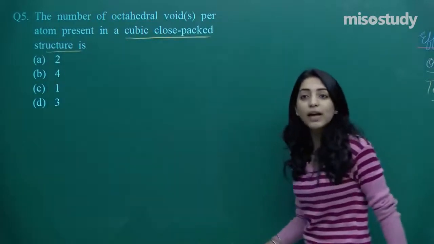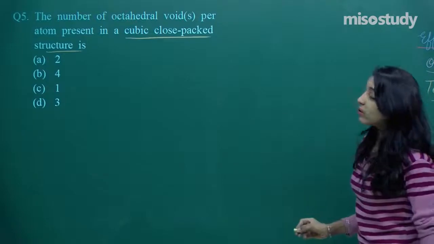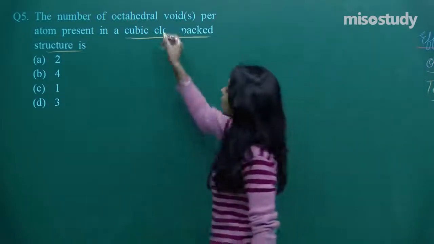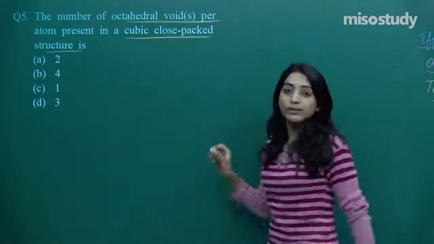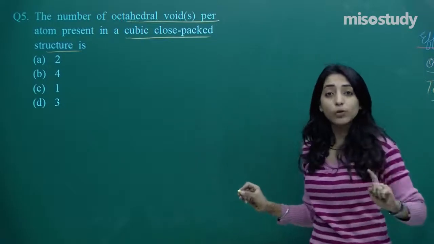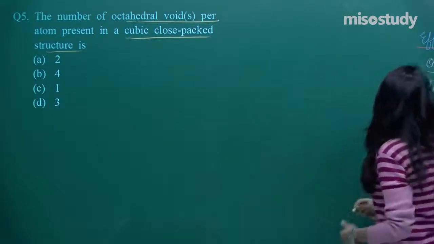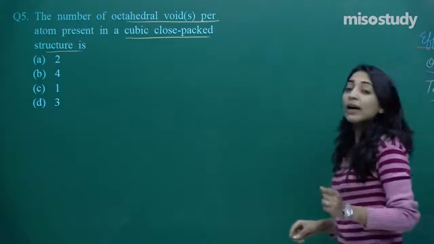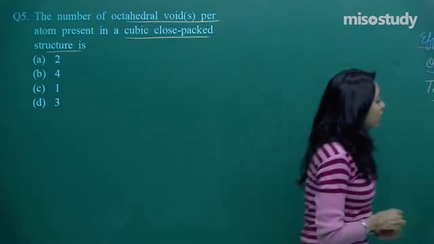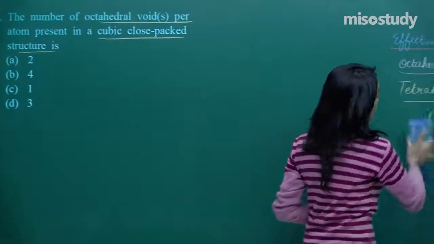Again, it's the same type of question. So the question is, we need to calculate the number of octahedral voids. Guys, see the mistake that you people will do. Just 2-3 minutes back we have done, okay, it is still written on the board. You can come to this particular part.